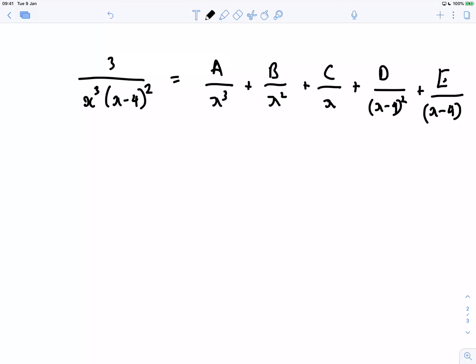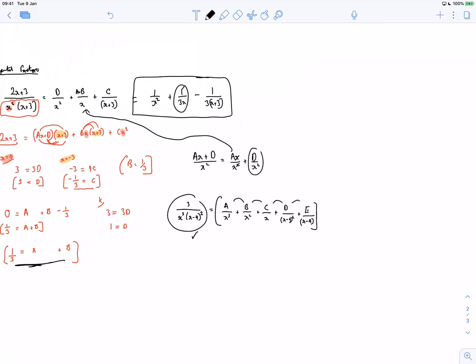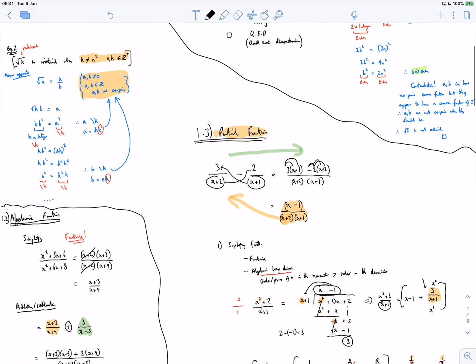And that just is horrible. If you want to do it and convince yourself it's the right answer, that's fine. To check you've got the right answer, once you've found all the numbers for which it works, you can add the fractions all together again. Once you simplify, if you get the original, then you've got the right answer. But you should get the idea of what you need to do there.